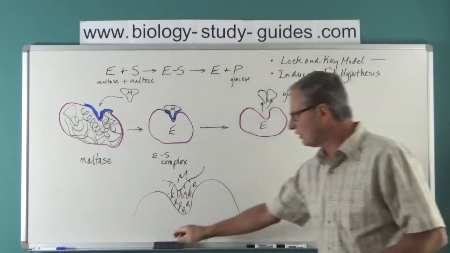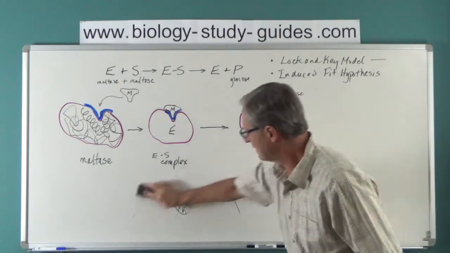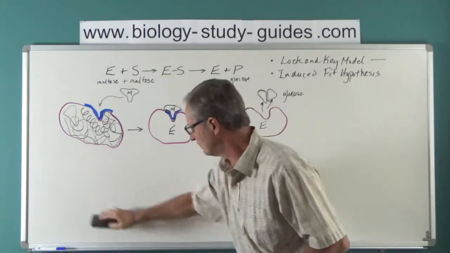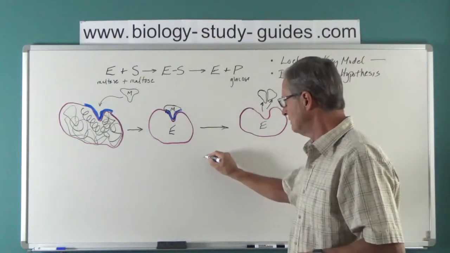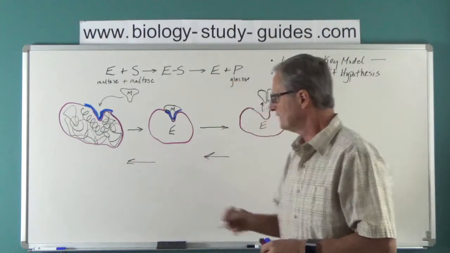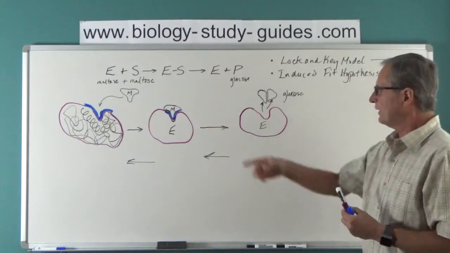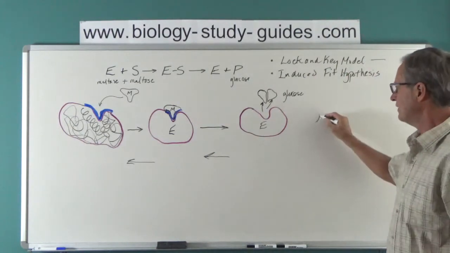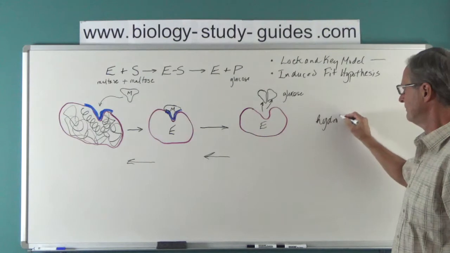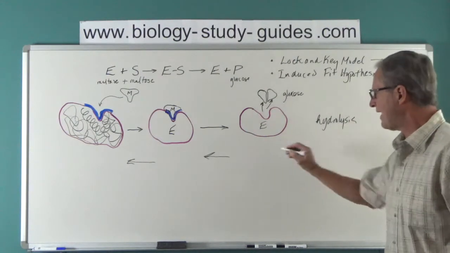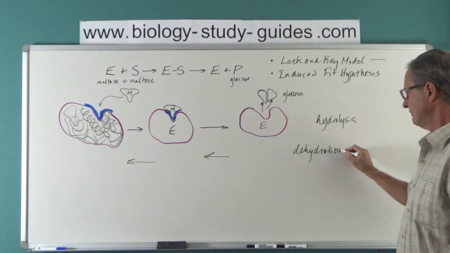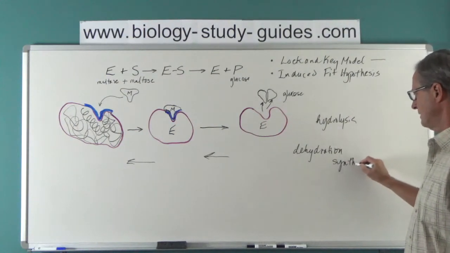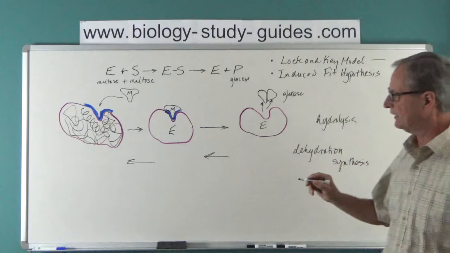And what I had before, if you think for a second, let me just get rid of that. We don't need the words either. Is that these reactions are reversible. So that if we're going this way, this is our hydrolysis reaction. If we go that way, that's dehydration synthesis, or condensation as some people call it.